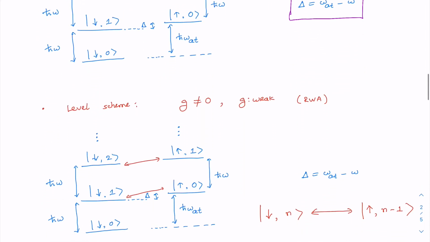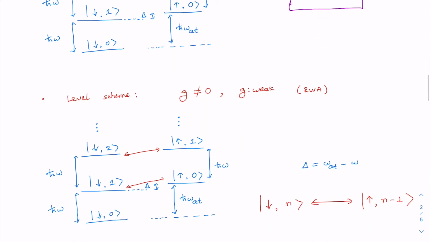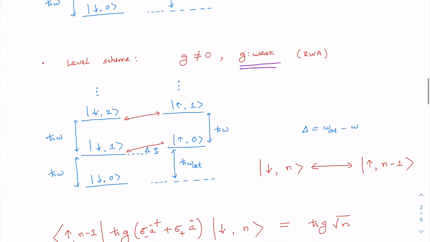On the other hand, when the coupling parameter is no longer 0, and if this coupling is very weak, then under the rotating wave approximation only the neighboring energy levels matter, and we can ignore interaction between far away energy levels.